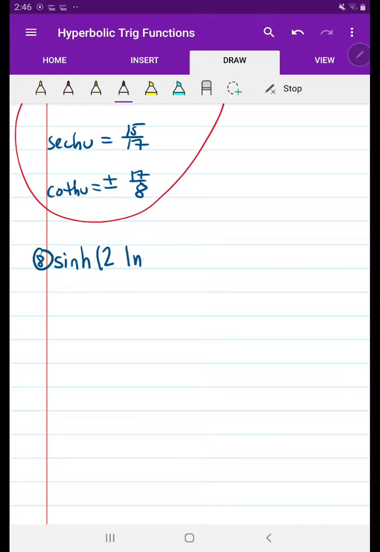The argument of sinh here is 2 natural log x, so that means my exponent on my e's is also going to be 2 natural log x. So I could rewrite this with the identity that I was given for sinh and say that this is the same thing as 1/2 times e to the 2 natural log x minus e to the negative 2 natural log x.